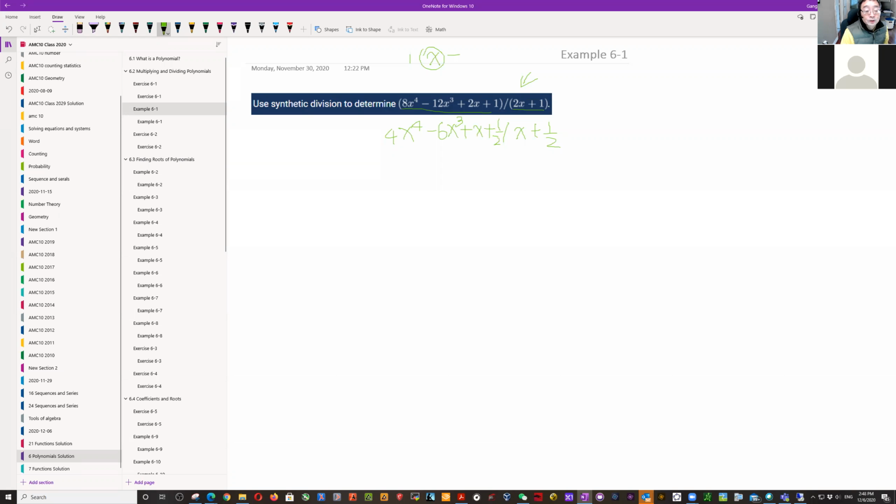Given this, synthetic division just takes the coefficients of the polynomial and lines them up. So it's 4, minus 6, plus 1, plus 1/2.